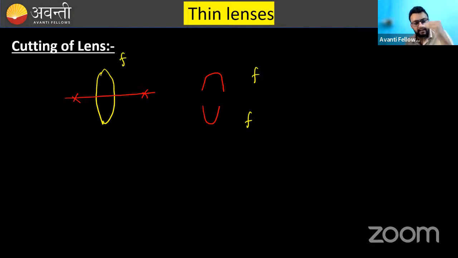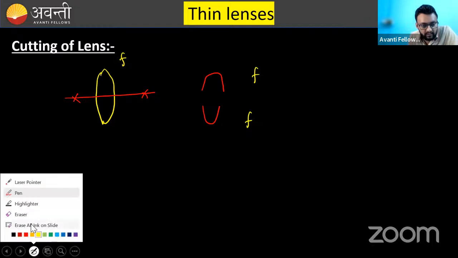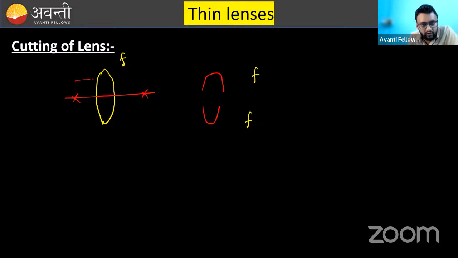When you cut the lens parallel to the principal axis, along any of these lines, all these cuttings are parallel to the principal axis. In that situation, focal length will not change; focal length will remain the same for each part as the original lens.